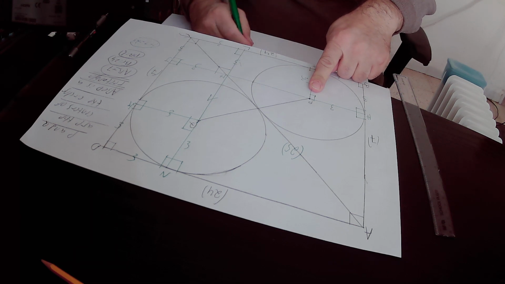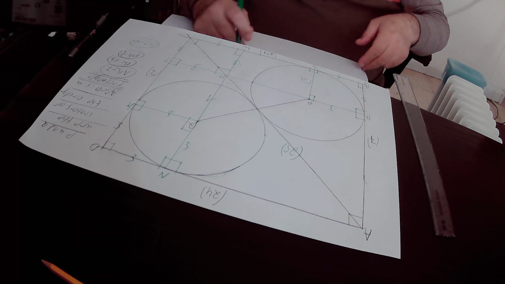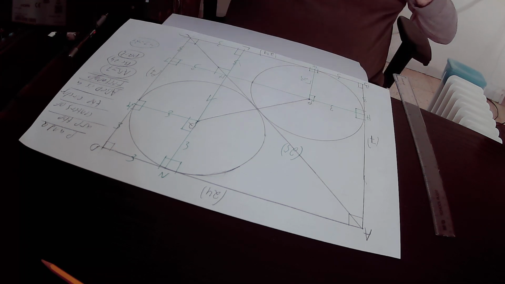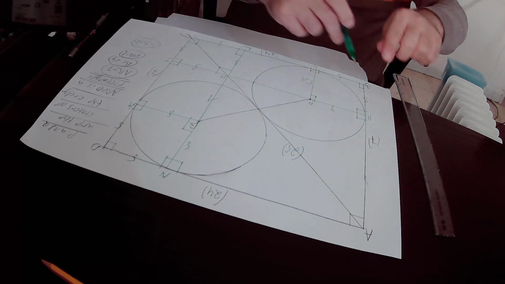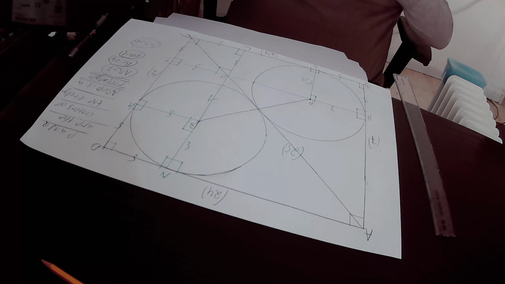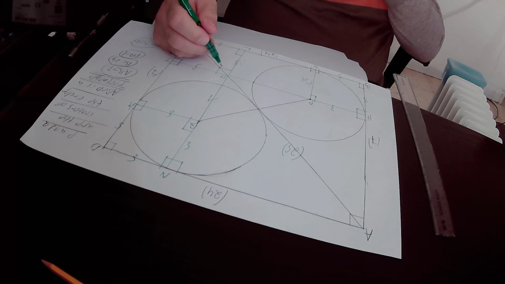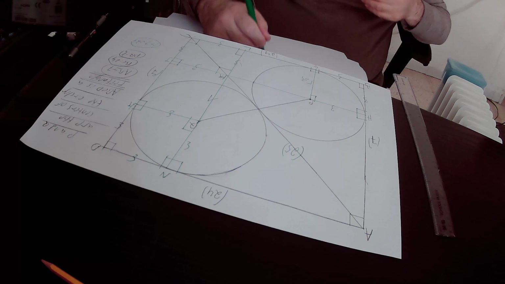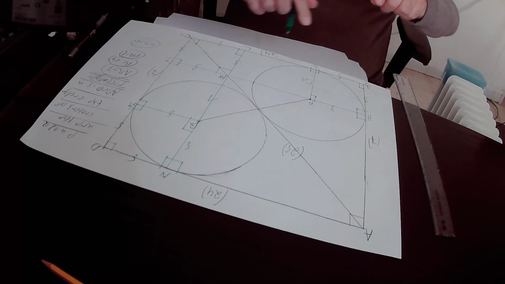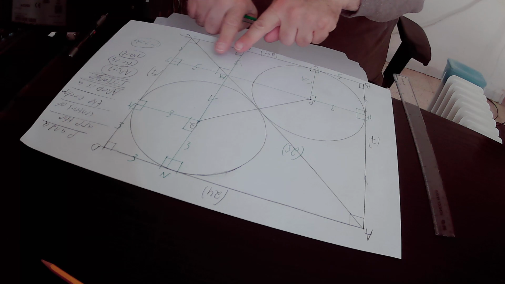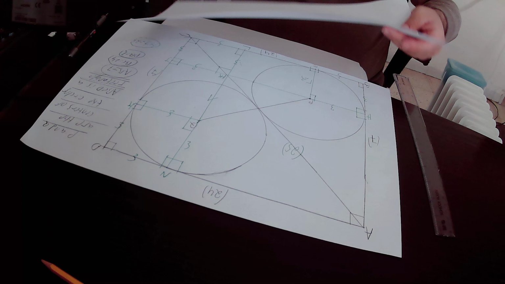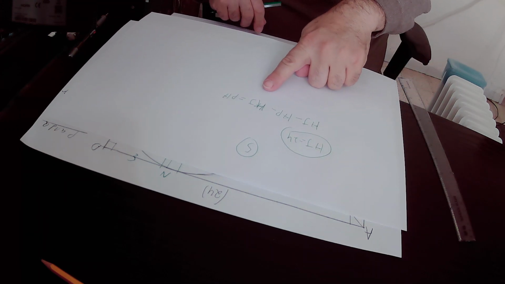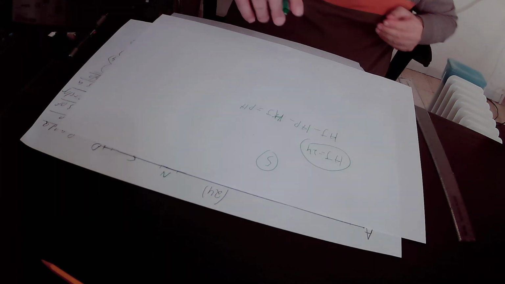Again, HJ minus HP minus KJ must be equal to the missing side PK.